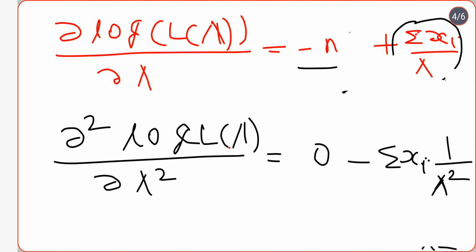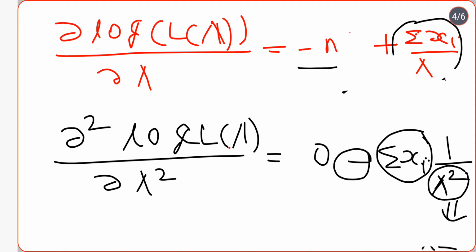So you all know that lambda square is a positive term, because it is having a square, so it has to be positive. This is basically summation xi, so it is also positive, right? So this entire term is depending upon this minus sign or negative sign, so that means this term is negative, and we can write that the second order condition is less than 0. It is being proved here.